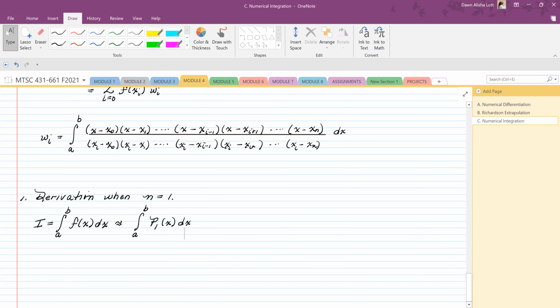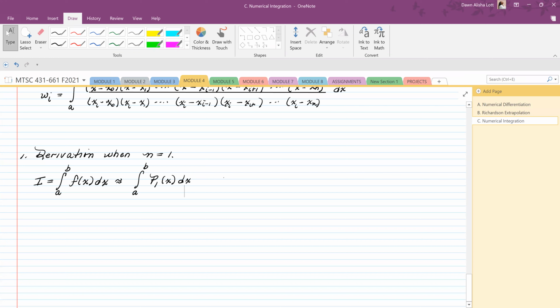Here x naught is a and x1 is b. So this is the integral from a to b, and I'm going to have L0 of x times f of x naught plus L1 of x times f of x1.